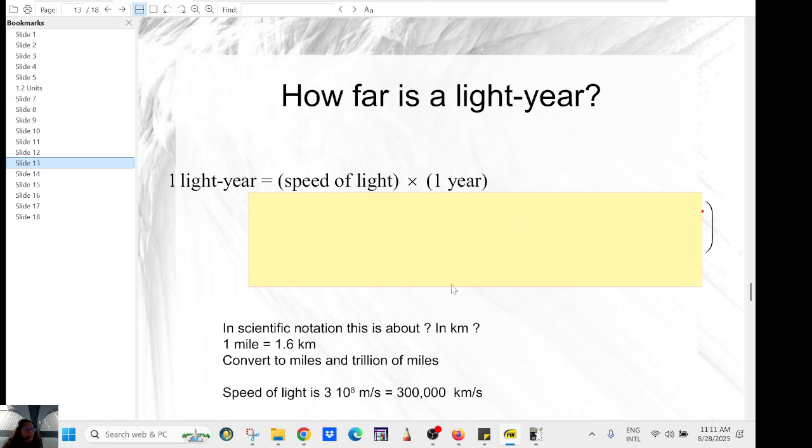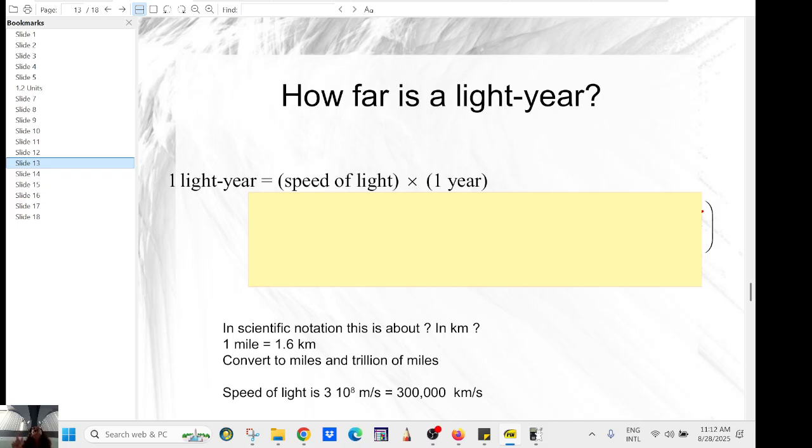Okay, so let's do that. Try to help each other. So 1 light year is a distance traveled in 1 year. And the speed of light is 300,000 kilometers per second.